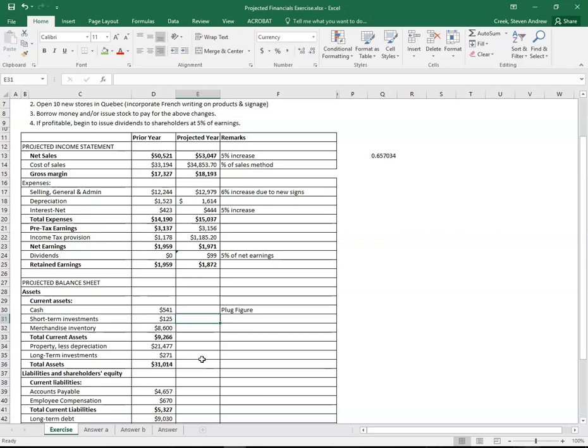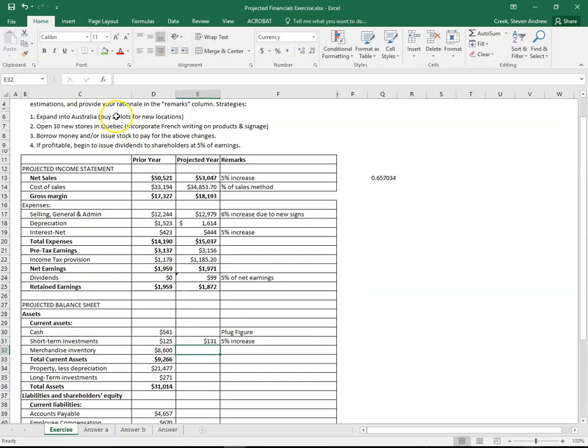Short-term investments, that might go up a little bit, I suppose, maybe 5% increase. And certainly our merchandise is going to go up, right?